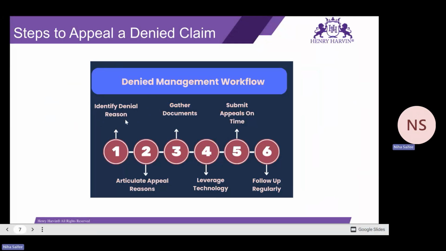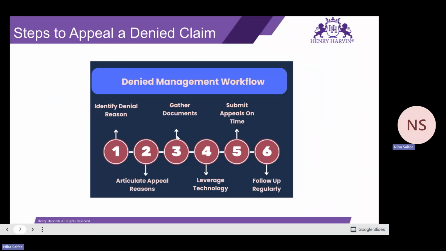Is it that the coding was not done properly? Is it that the medical document was not done? Is it that the billing person made some mistake? Is it that the patient's insurance was not eligible? All these reasons have to be identified. Once the reason is identified, you articulate appeal reasons.